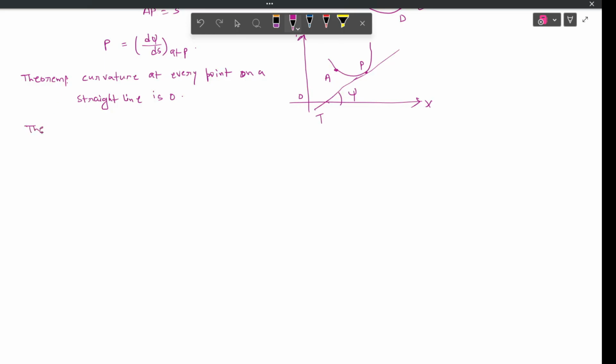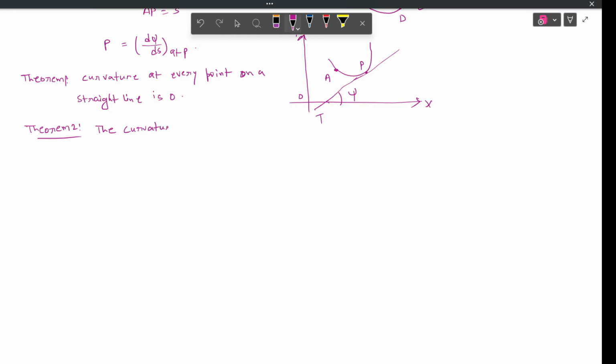Let us say our theorem 2 is: the curvature at every point of a circle is constant and equals the reciprocal of the radius of the circle. So let me write it here.